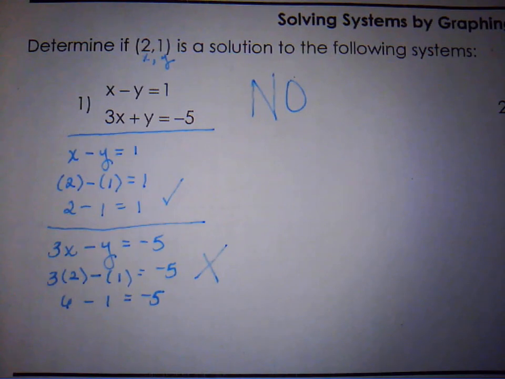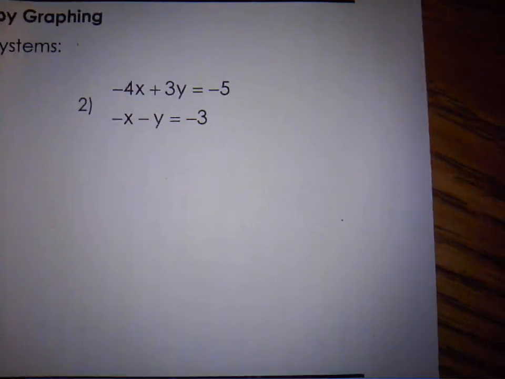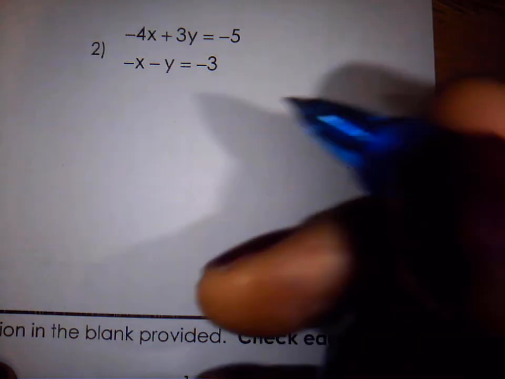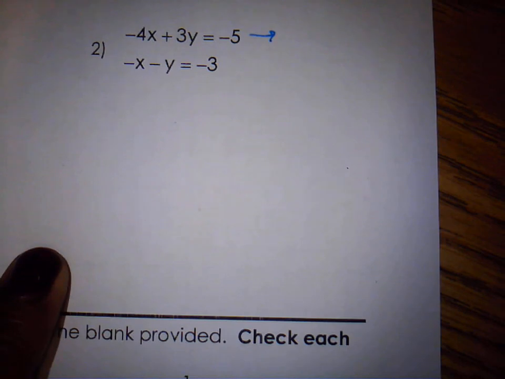Does that make sense? Do you understand how we arrived at this answer? Okay. So now let's do the same thing for number 2. Remember, everywhere I see an x, I'm going to plug in a 2. Everywhere I see a y, I'm going to plug in a 1. Can I come out to the side like this for the first equation?